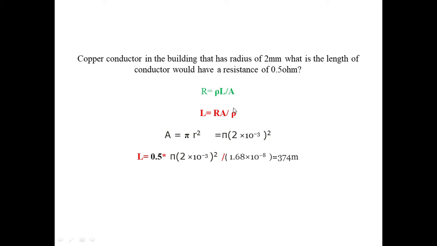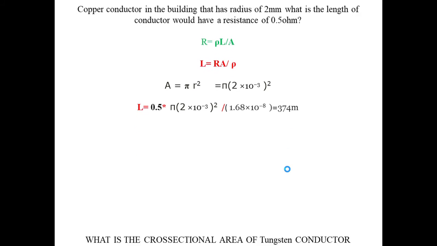Rho of copper conductor is equal to 1.68 times 10 to the minus 8. So from this calculator, the answer is equal to 374 meter. This is the length of our cable.